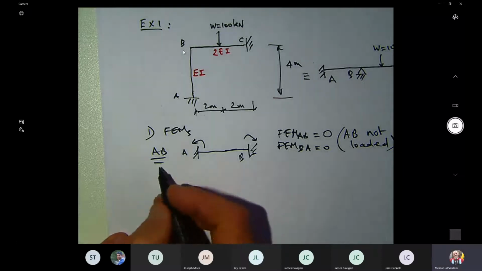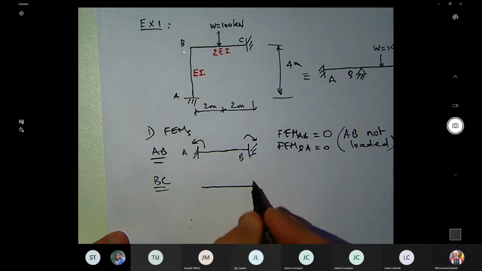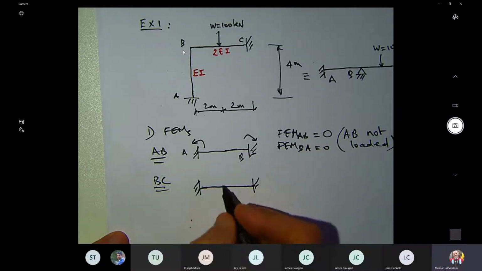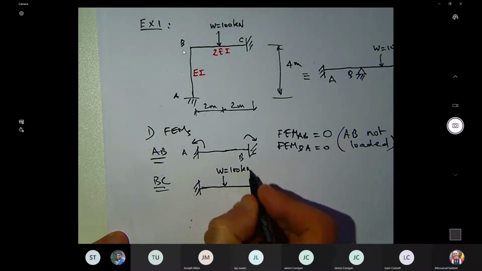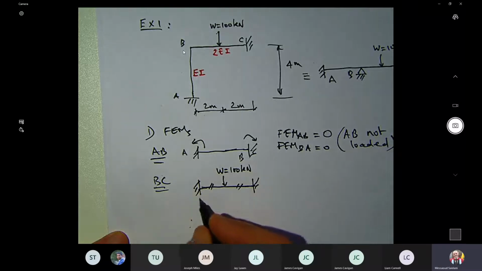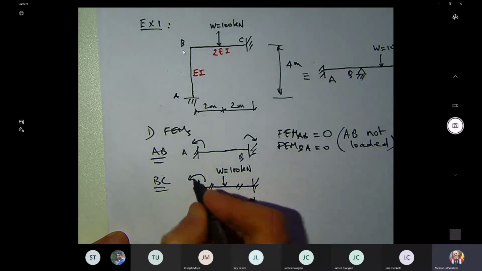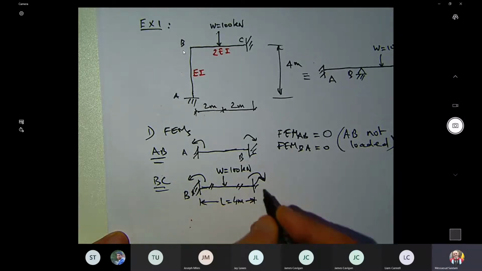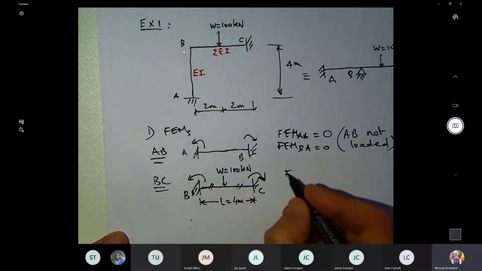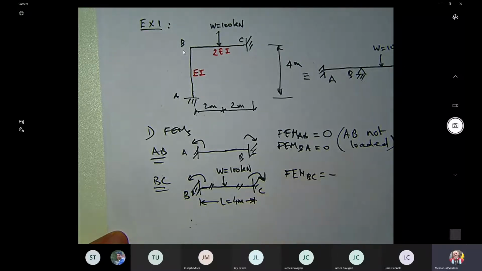Okay, then we do the same for BC. This is BC here, and this time we have a concentrated load in the middle, and the span is 4 meters. And these are the fixed moments, B and C. So we have FEM BC is minus, what's the equation?